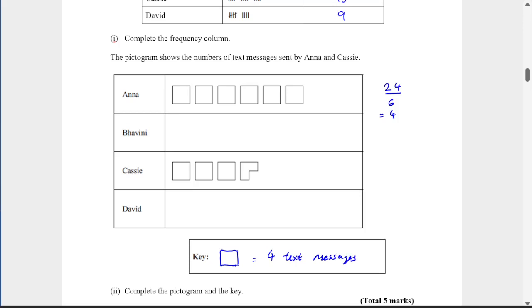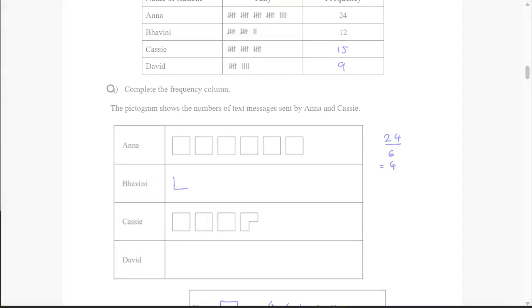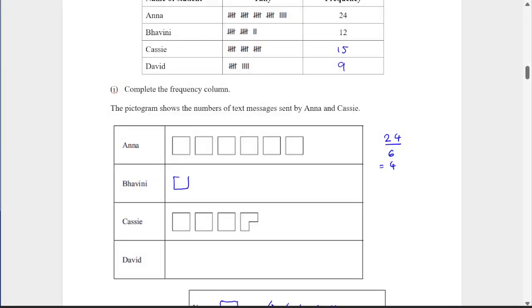And then I'm going to add the other 2 blocks. So for Bavin, we've got 12. So 12 divided by 4 is 3. So I'm looking for 3 similar blocks. And then for the final one, for David, we're looking for 9. So 9 divided by 4 is going to be 2 and 1/4.